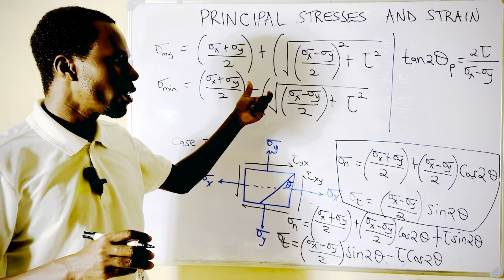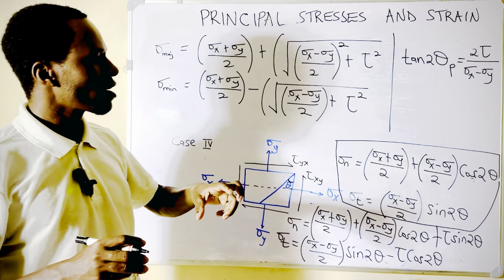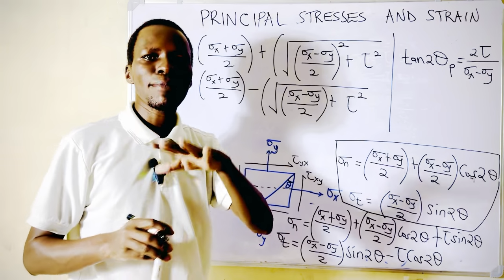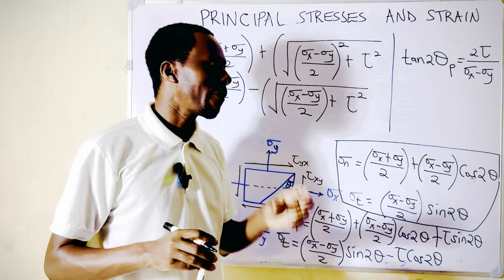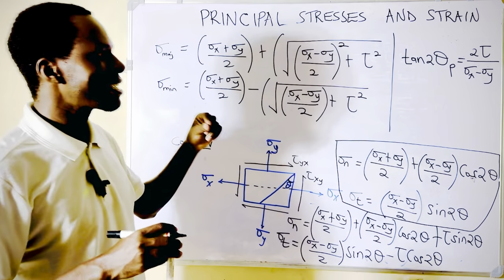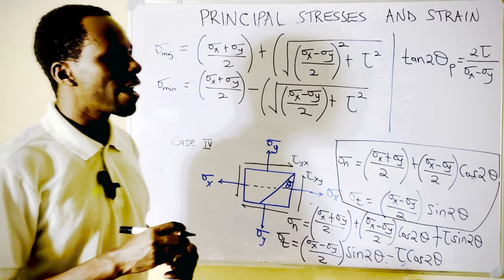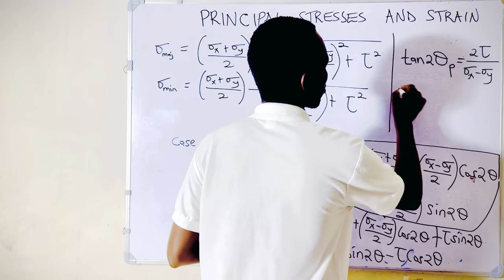Now, what if we need the maximum shear for this case? In the other case, we found that the maximum shear was only sigma x minus sigma y by 2, and it was oriented at 45 degrees. But for this case, what is the expression to find the maximum shear?